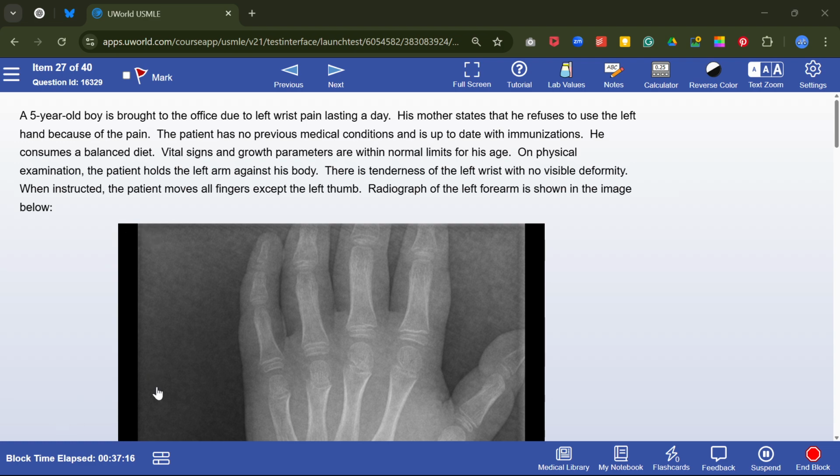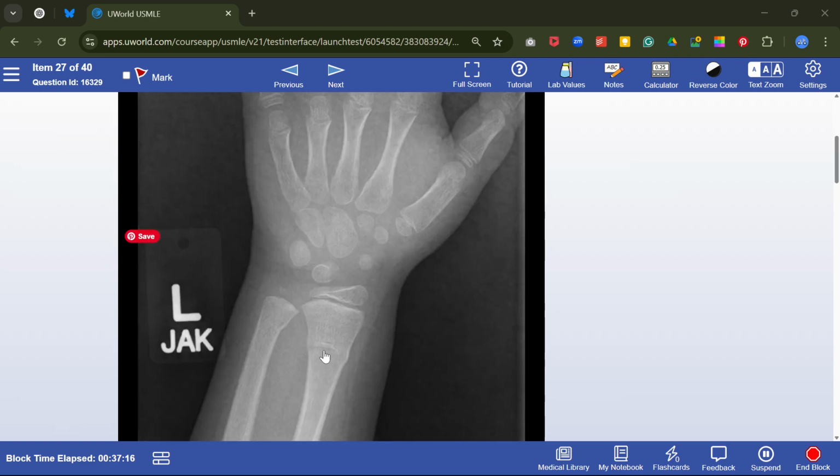Look at the radius. There is a slight fracture in the radius.